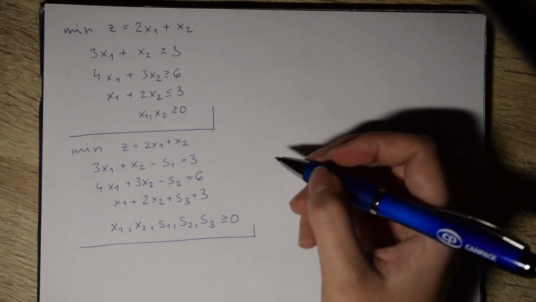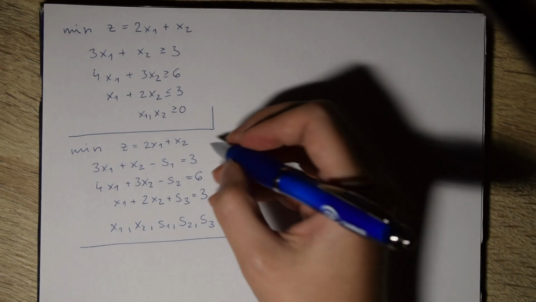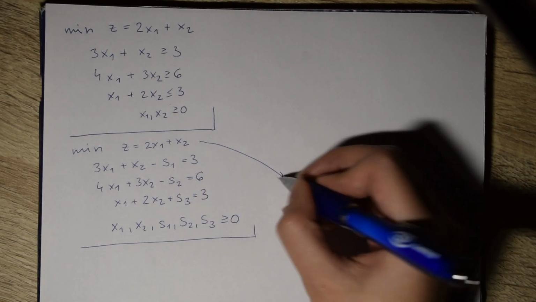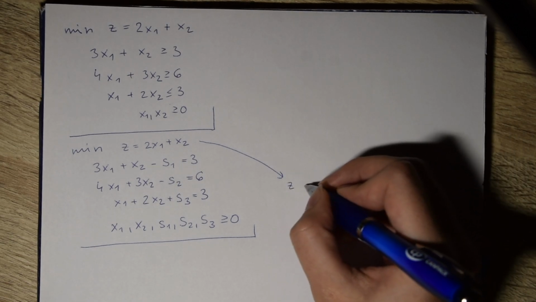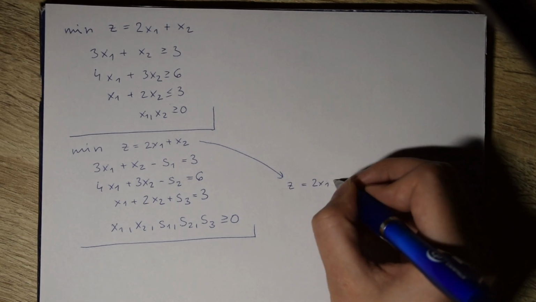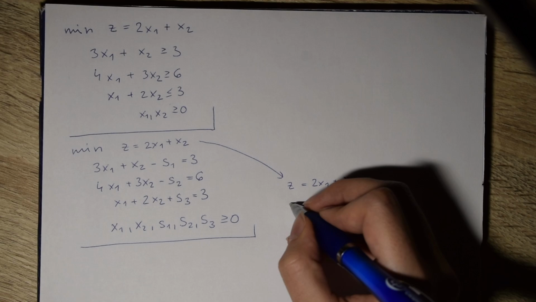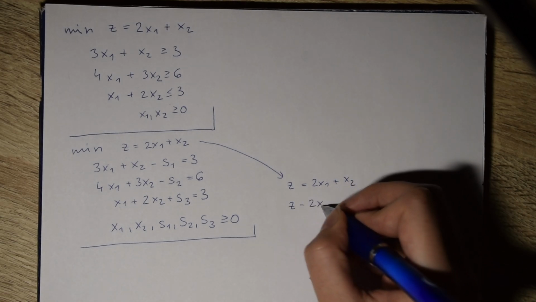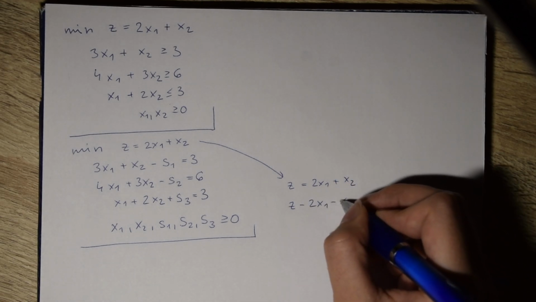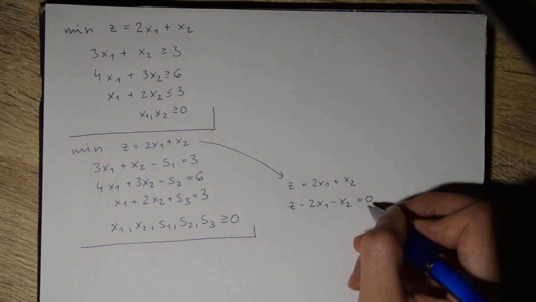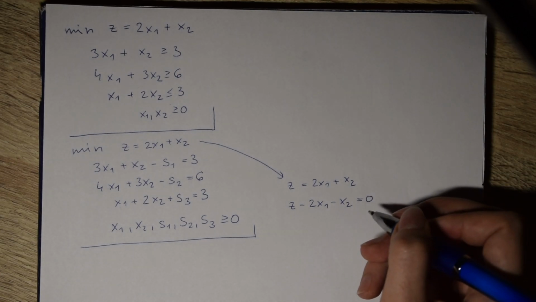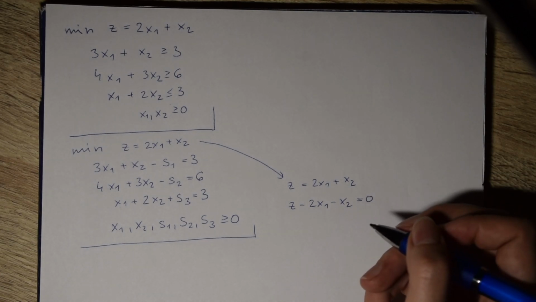Now we rewrite this example in a table. First row will be the objective function. Let's rewrite the objective function in the following form, and now we will place the equations in the table.